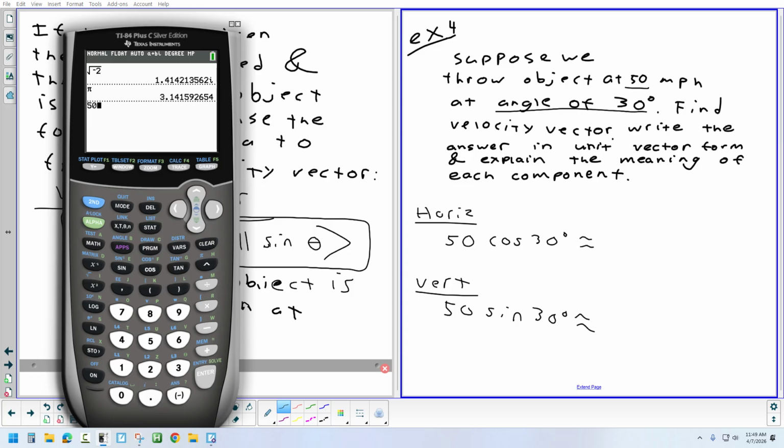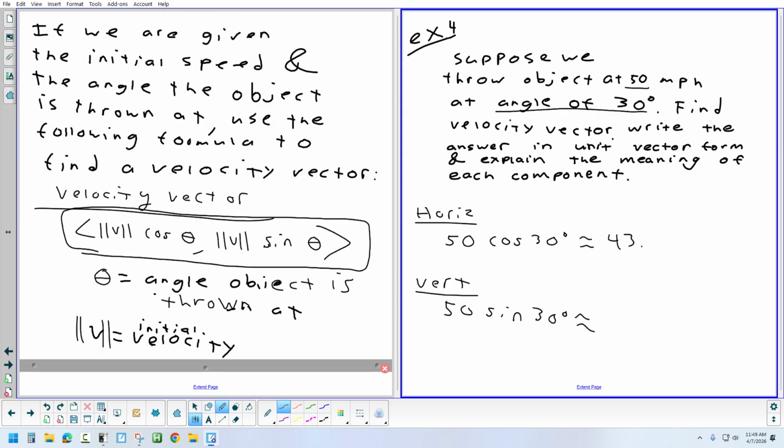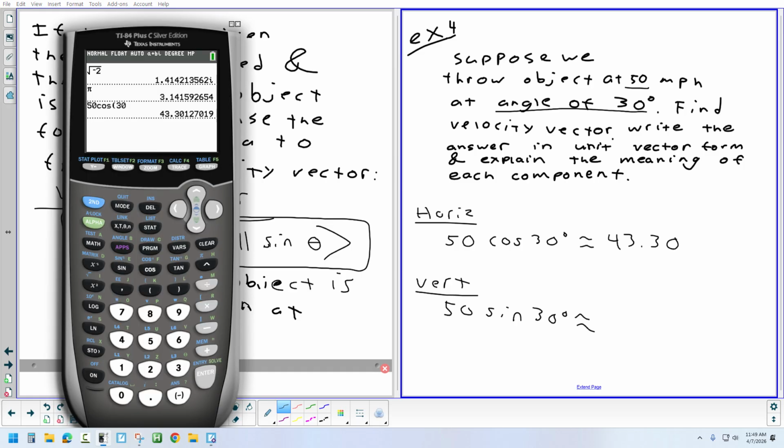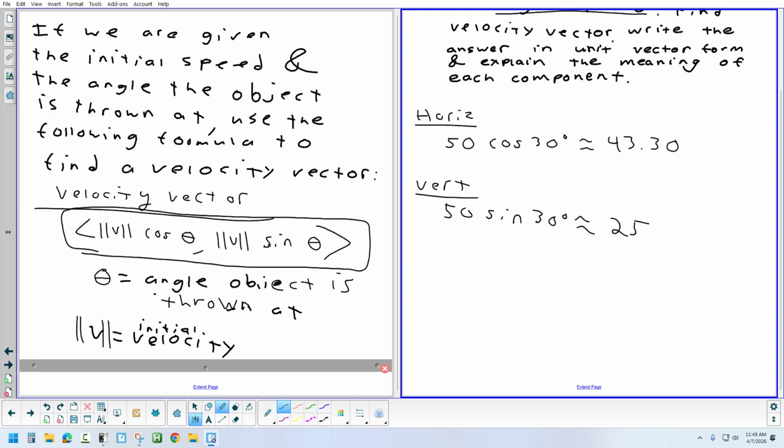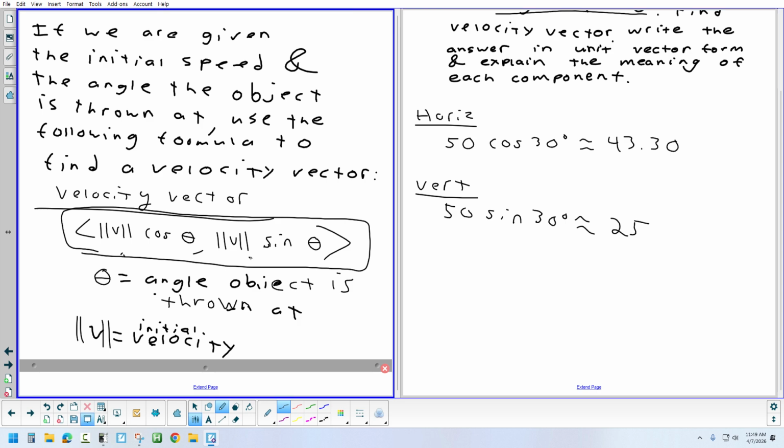So type in 50 cosine 30. That gives you 43.30. And 50 sine 30 gives you 25. So if we want to write the vector in this format, we just found each of those numbers.